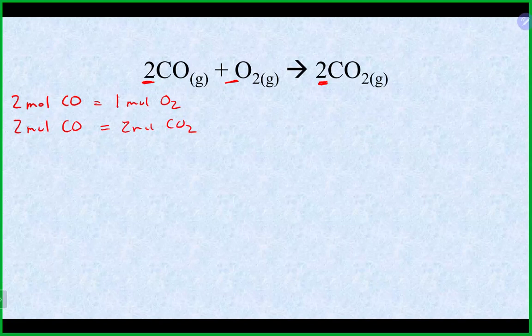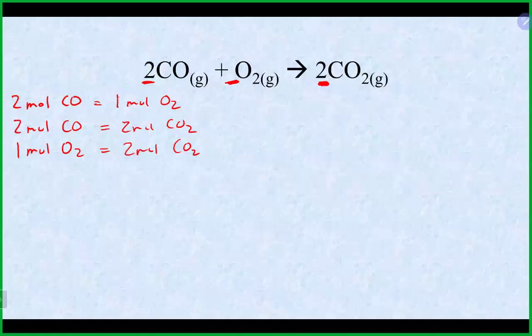I could also say for every 1 mole of O2 I put in there, I could get out 2 moles of CO2. So from this one equation, we have 3 different equalities. And remember, equalities are 2 things that are on different scales but represent the same amount of something. So these are all of our equalities from this equation.